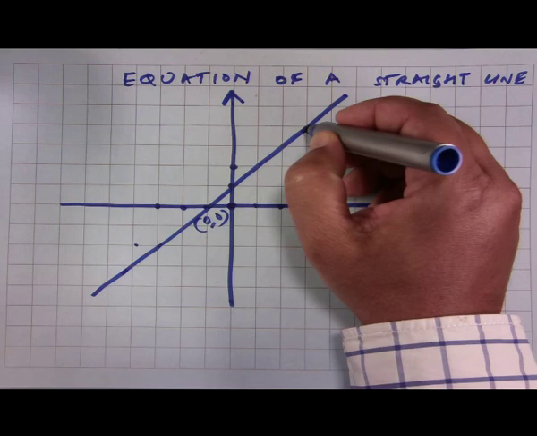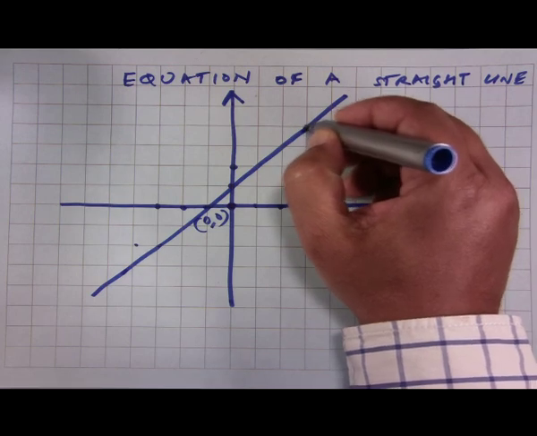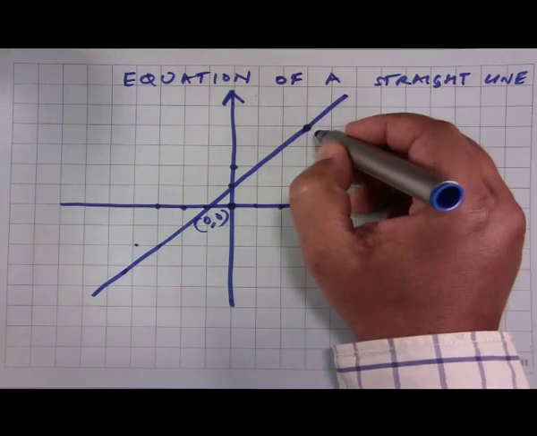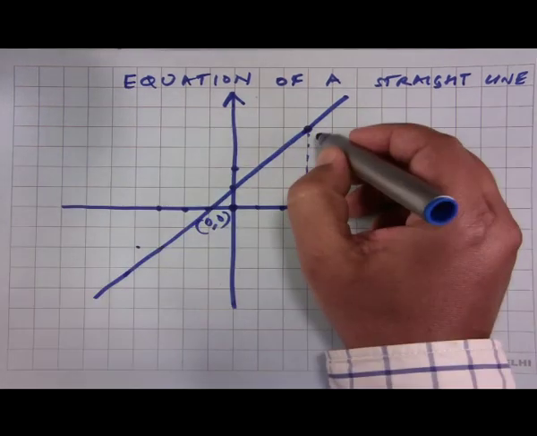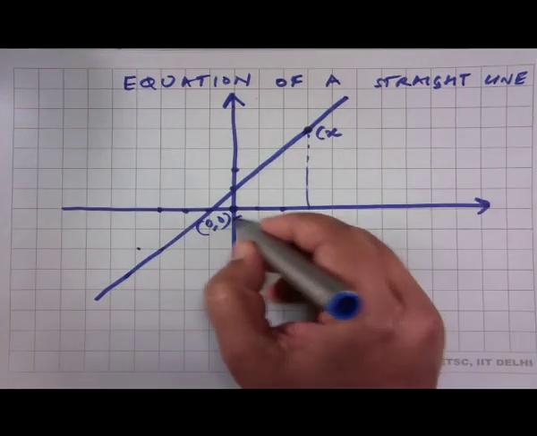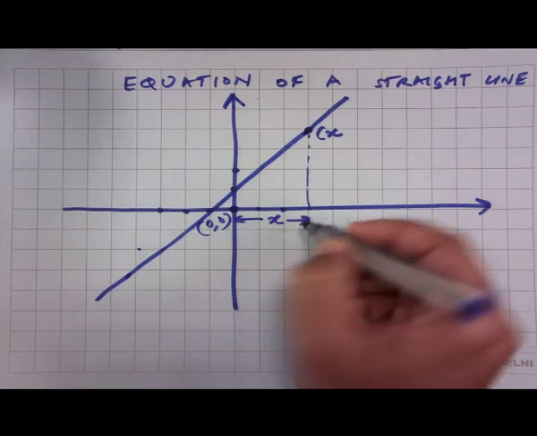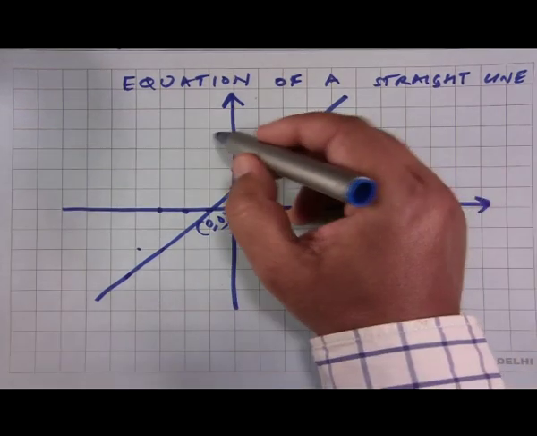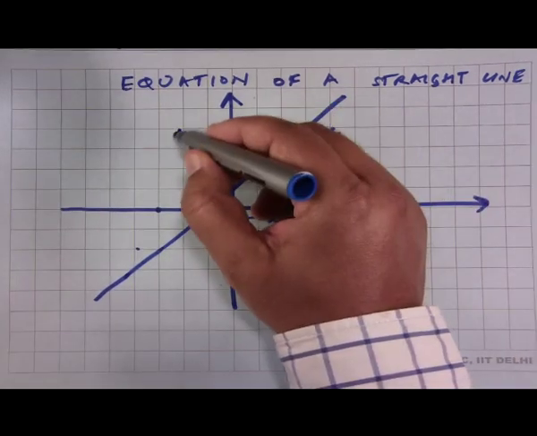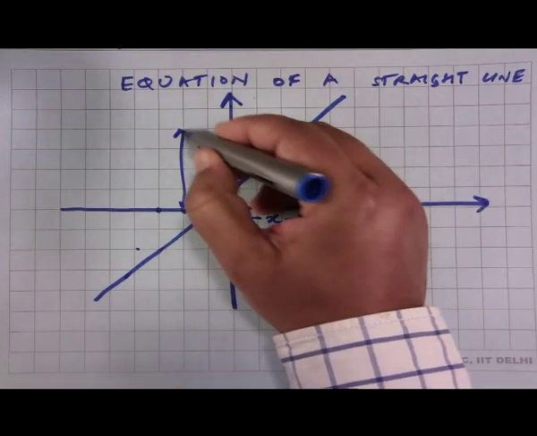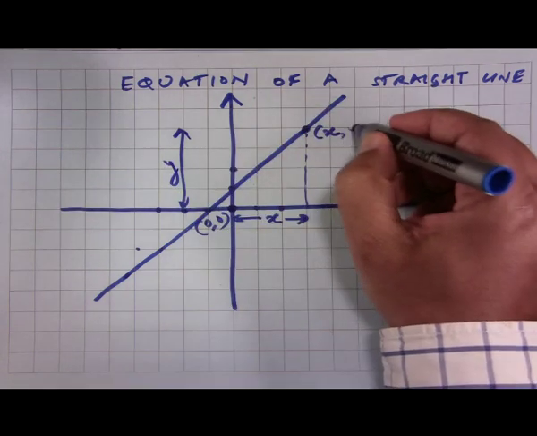And then we said that, let us say we have any arbitrary point here whose x coordinate is, let us say, x, and whose y coordinate is, let us say, y.